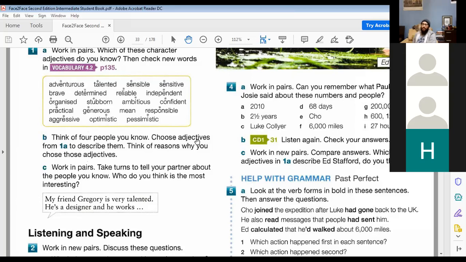Maybe you mean sensible, not sensitive. Do you mean sensible? Sensible, yeah. I thought you said sensitive. Okay, sensible. And she has a lot of situations, I don't know, maybe I look at some situations about her sensible.